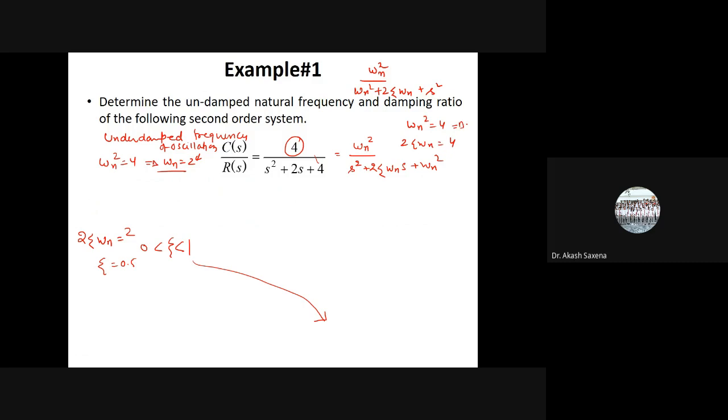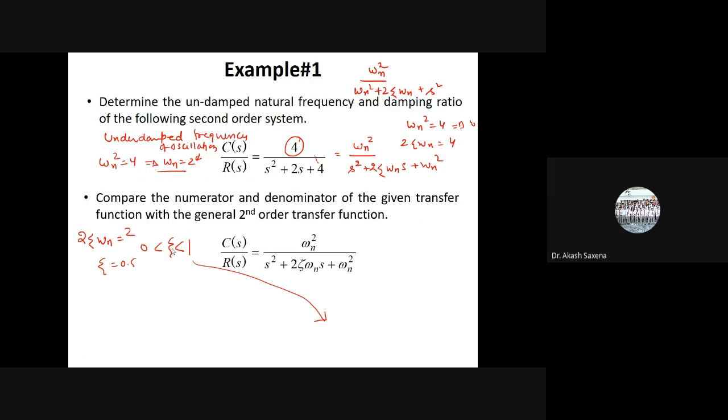So from here omega n is equal to 2. And 2 zeta omega n will be equal to 2, sorry. So zeta is less than 1, it is 0.5. So zeta is between 0 and 1.